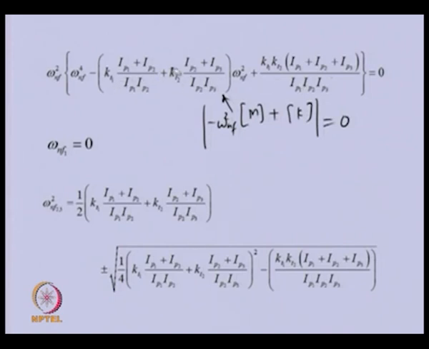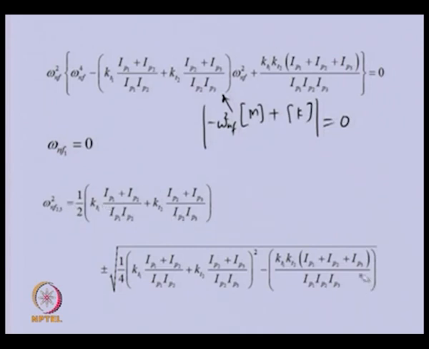We can see that one solution of this is when the natural frequency itself is equal to 0, and the second is when these terms are 0. From the first one we got 0 natural frequency, and from the second term we will get 2 more positive roots. That expression is expanded here.